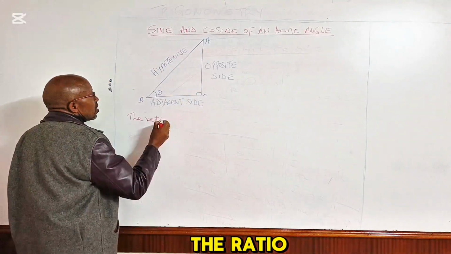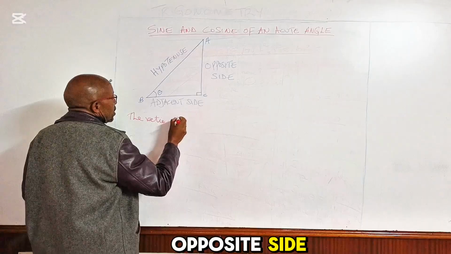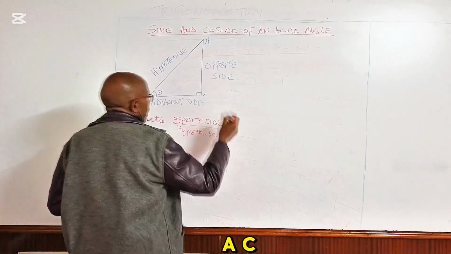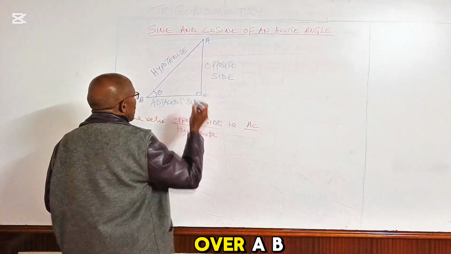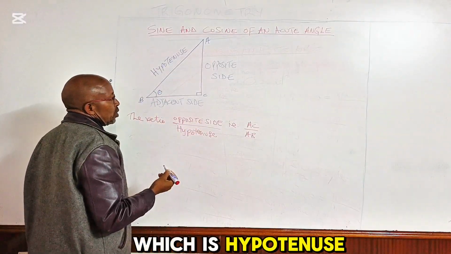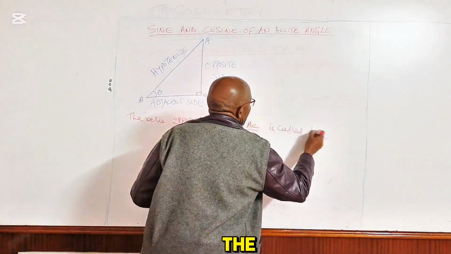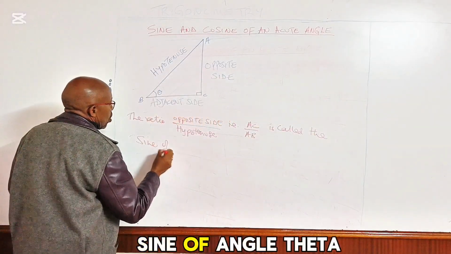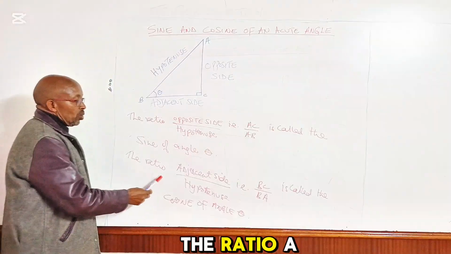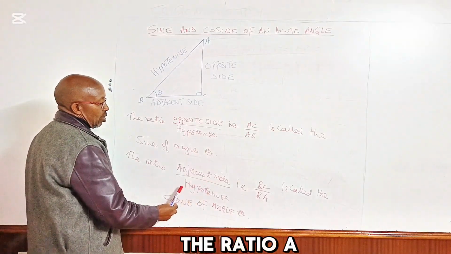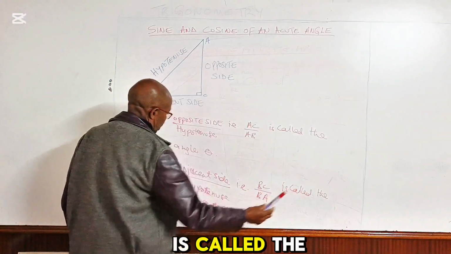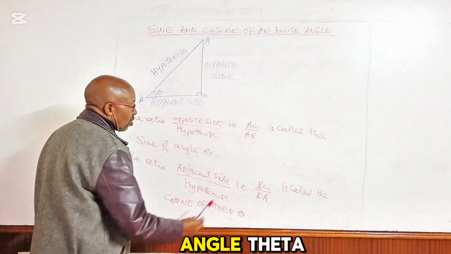The ratio opposite side over hypotenuse, that is AC over AB, is called the sine of angle theta. The ratio adjacent side over hypotenuse, that is BC over BA, is called the cosine of angle theta.